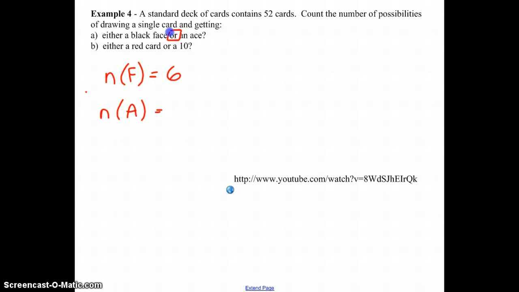No, we're just talking aces, so there's 4. So are these 2 sets disjoint? So if there's 6 face cards, 4 aces, that means the total face cards or aces is 10.